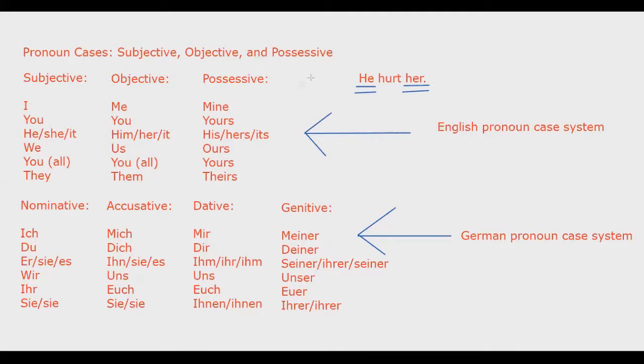But before I do that, remember that a pronoun in English is a word that replaces a noun. For example, the winner was he. Let me erase this. He was the winner.